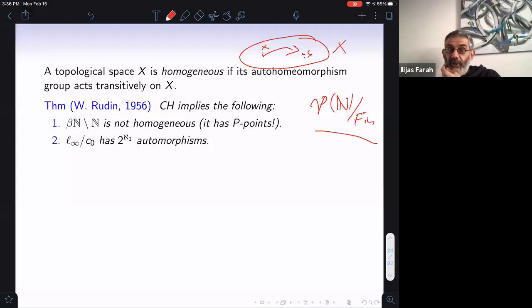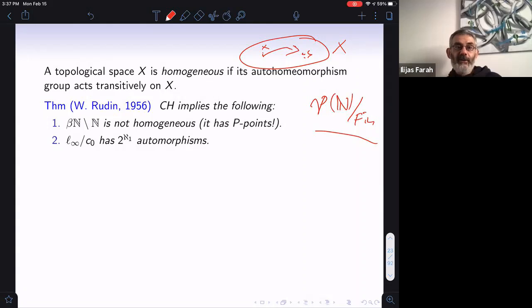So it was perhaps natural to think that maybe its Stone space is also homogeneous. But Rudin proved, assuming the continuum hypothesis, that beta N minus N is not homogeneous. So in other words, what he proved is that there are at least two kinds of ultrafilters with the property that no auto-homeomorphism sends one to the other.